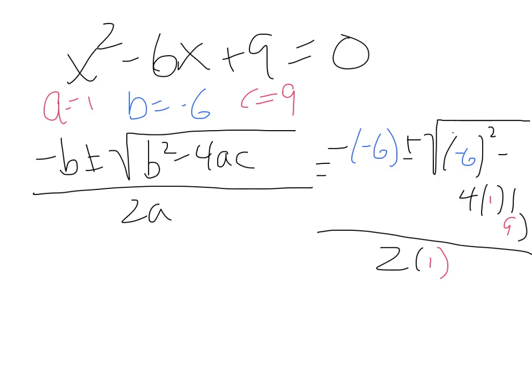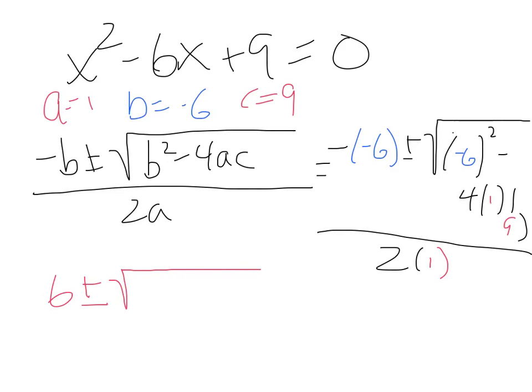Okay? So then you simplify this. So this is negative 6. What would that make? What's negative times negative? Positive. So we would get 6. Okay? Plus or minus the square root.